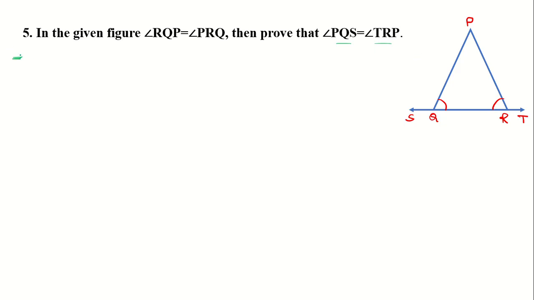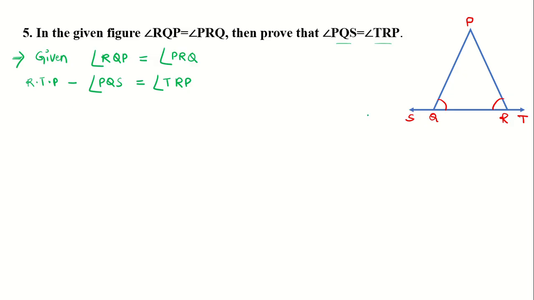So first, observe the figure. In the question, it is given that angle RQP is equal to angle PRQ, right? We are required to prove angle PQS is equal to angle TRP.